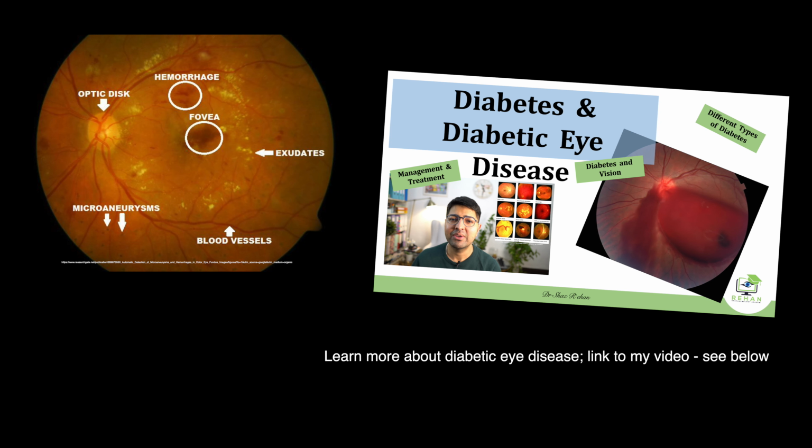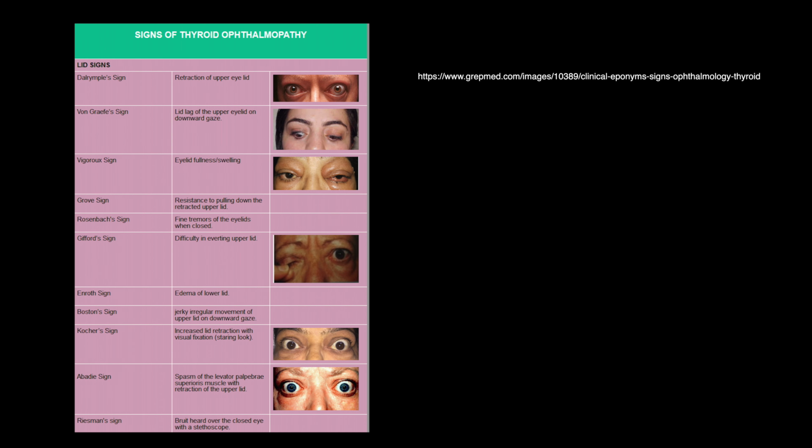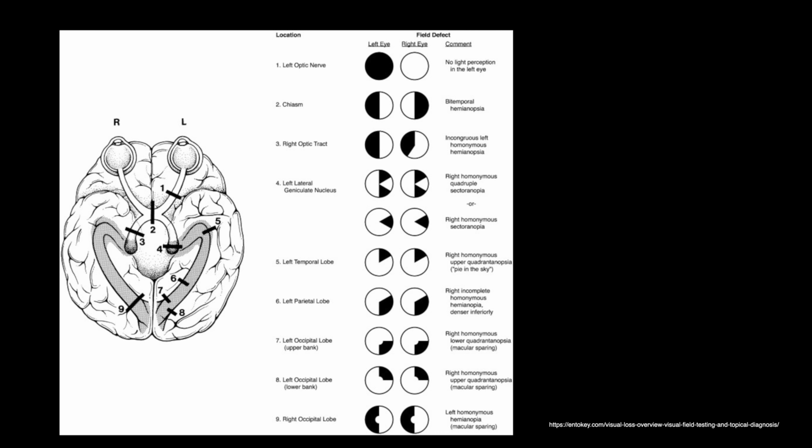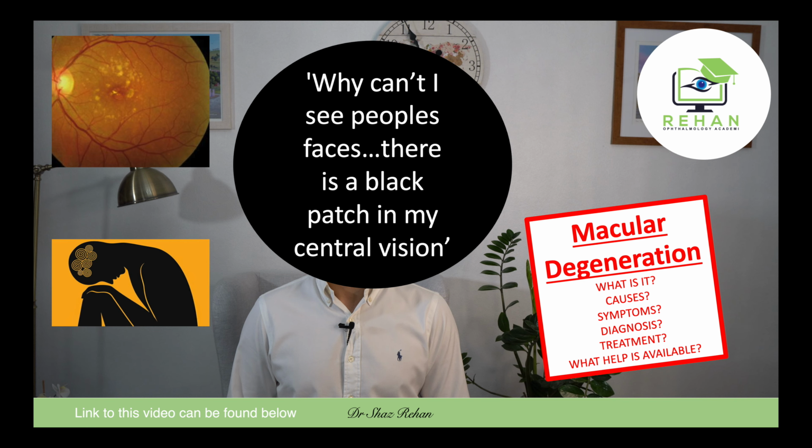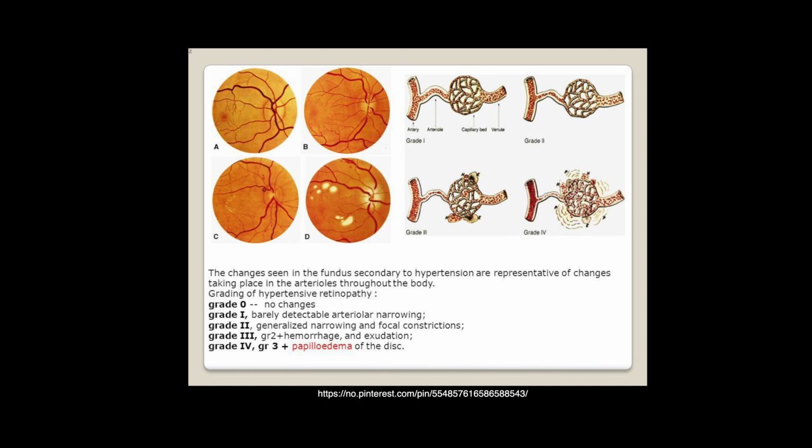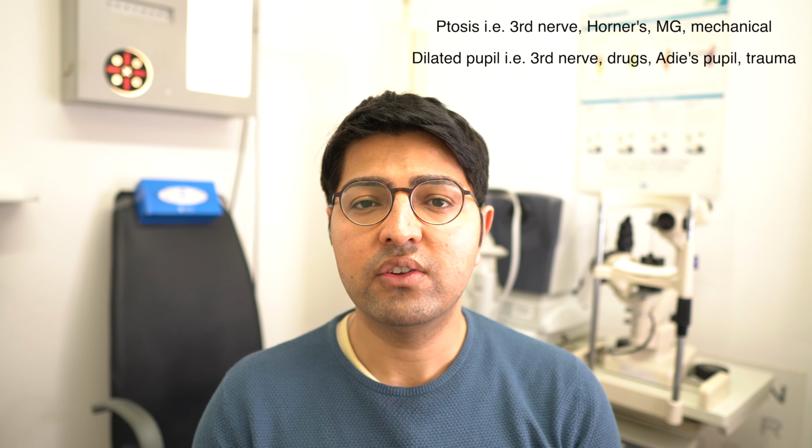Common questions include causes of red eye, grading of diabetic retinopathy, causes of Horner's, signs of thyroid eye disease, interpretation of visual field defects, causes of loss of vision, both sudden and chronic, types of macular degeneration, dry and wet, and questions related to those, signs of hypertensive retinopathy, causes of ptosis, causes of a dilated pupil.